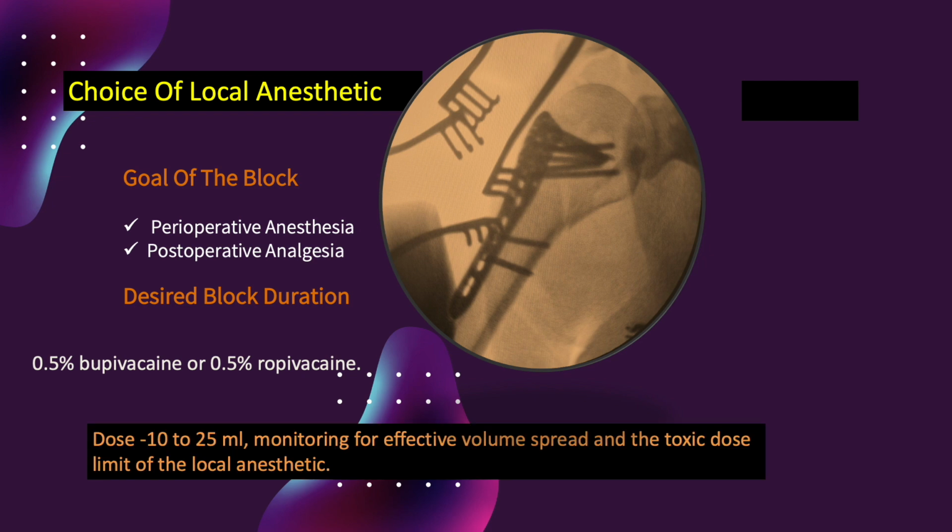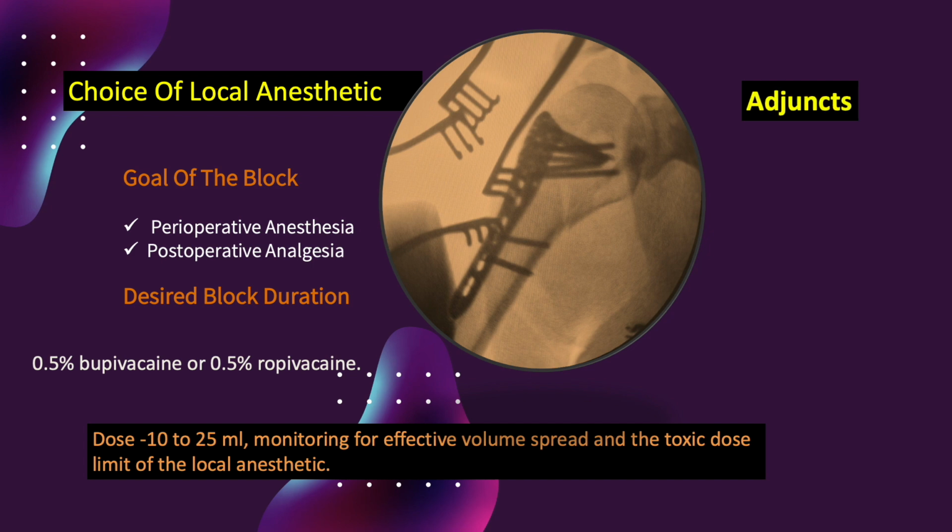Around 10 to 25 ml of drug, monitoring for effective volume spread and toxic dose limit of the local anesthetic, will suffice. Most commonly the drugs used are 0.5% bupivacaine or 0.5% ropivacaine.